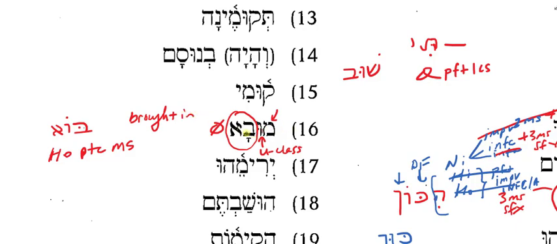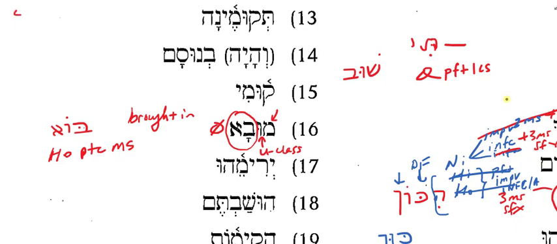Now, we have no context for it. So we don't know if this would be in a sentence like he was brought in, or the brought in cat or dog or rat, right? Like here's what the cat dragged in.